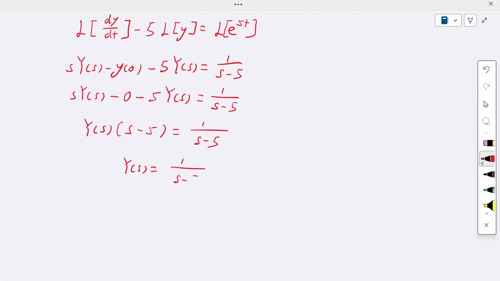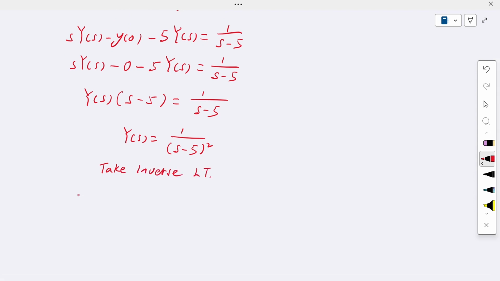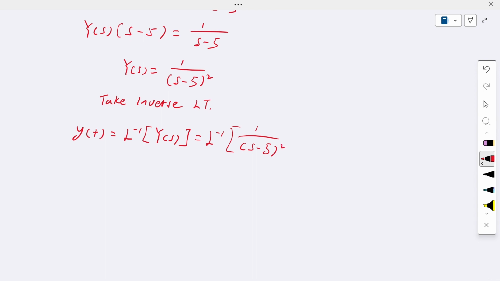So we have 1/(x - 5) squared. Okay, to find the solution, we take the inverse Laplace transform. So y(t) is equal to the inverse of capital Y(x). Okay, so in this case, we take the inverse of 1/(x - 5) squared.